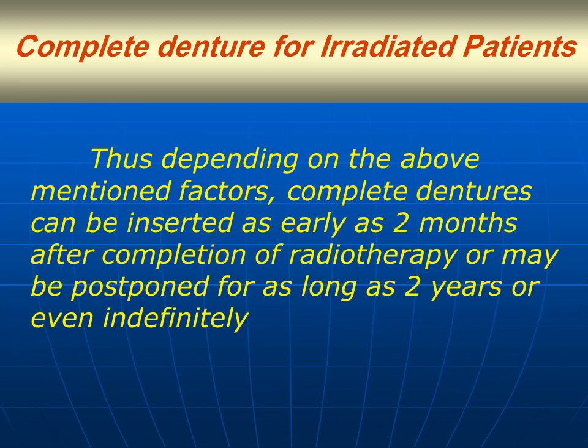Therefore, depending on the above mentioned factors, complete dentures can be either inserted as early as 2 months after completion of radiotherapy, or may be postponed for as long as 2 years or even indefinitely.